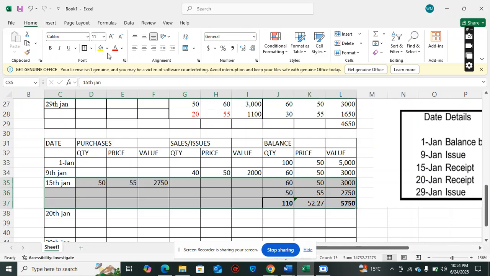The total value divided by the quantity.